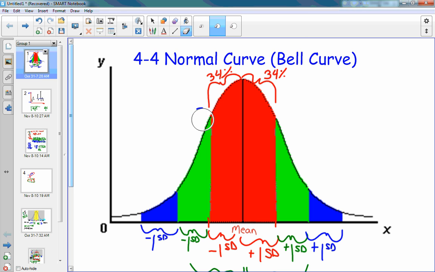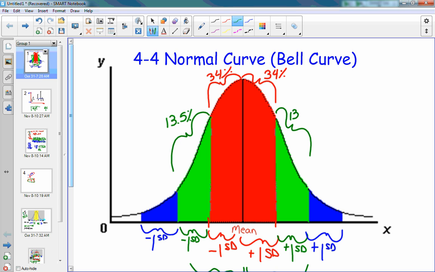Sorry, I'm mixing up colors here. Is going to be 13.5% here. And it's going to have to be 13.5% here. Because if I add up 68% plus the green, which is 27%, I'm going to get 95% of all the data. So 95% of all the people in this class are going to be within 2 standard deviations, right and left of the mean.